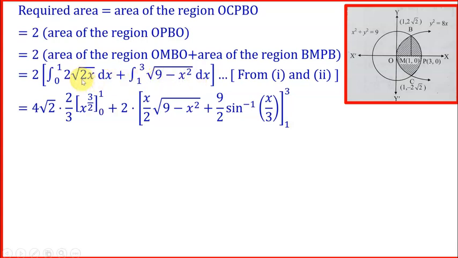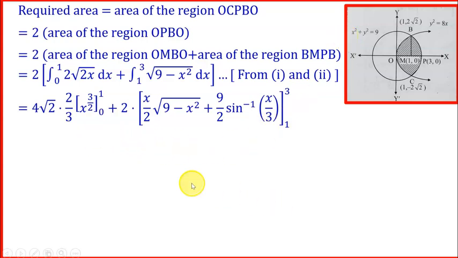And here we are taking y square is equals to 8x. If you take the square root, then you will get 2 root 2x. And for the circle, y square is equals to 9 minus x square, and y is equals to, we take the plus sign, root of 9 minus x square. Therefore, these two are from these two equations. First is from the parabola and the second is from the circle.